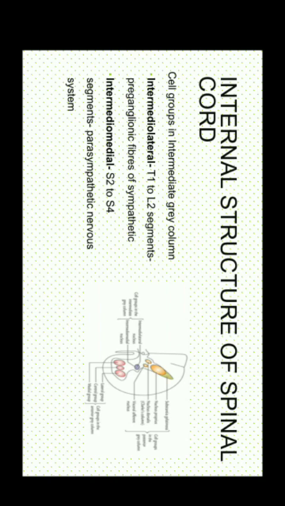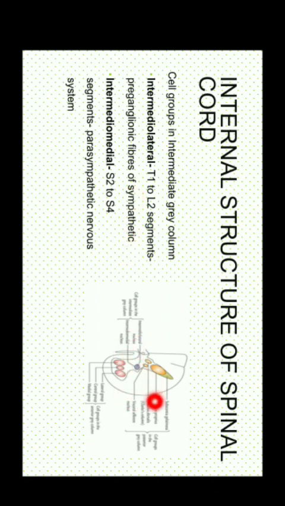I will tell you how to remember these segments. The sympathetic has thoracolumbar outflow, so the thoracic is T1 to L2. Thoracolumbar outflow is towards the sympathetic, so they carry the preganglionic fibers.